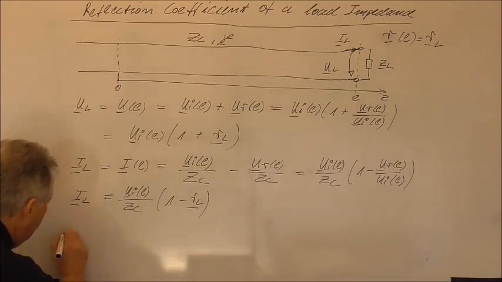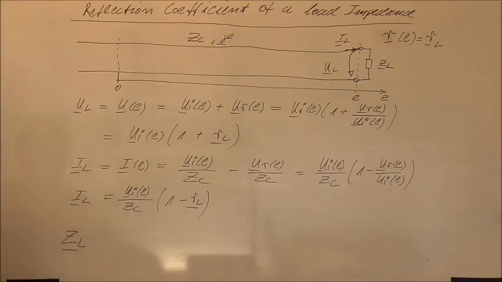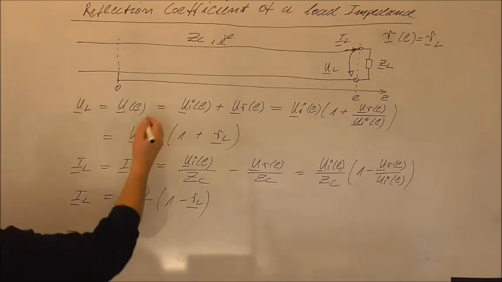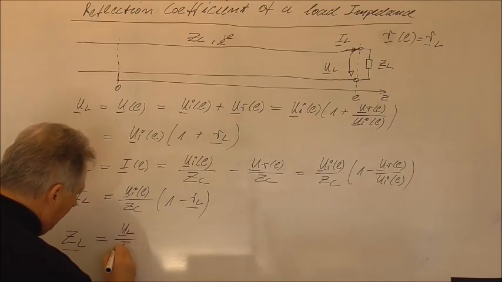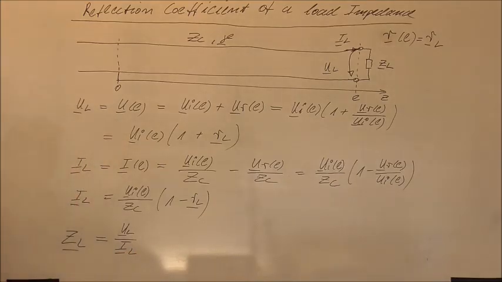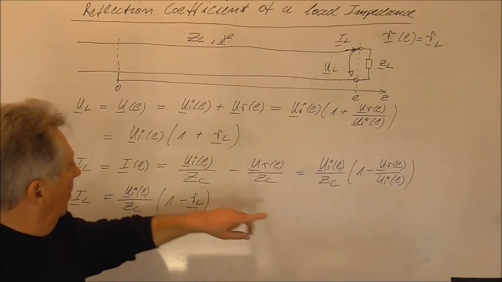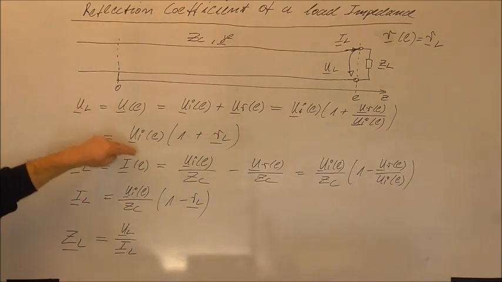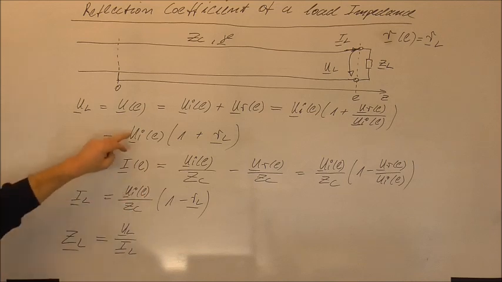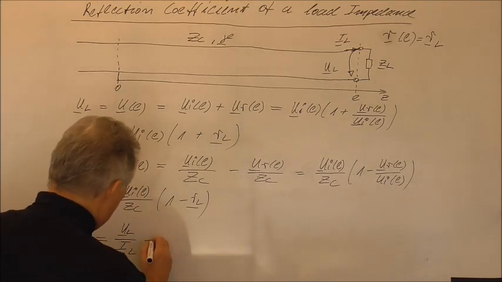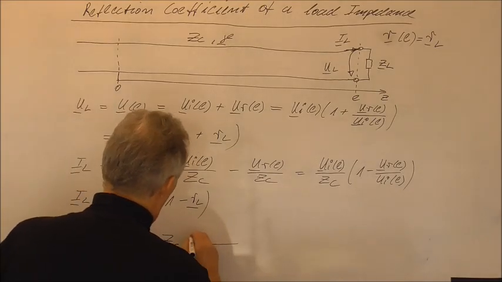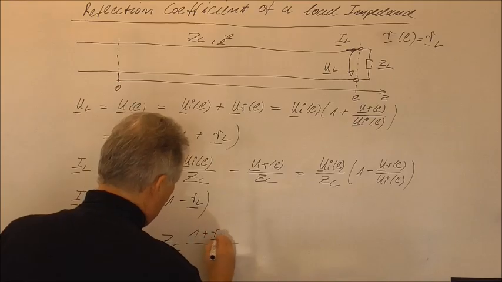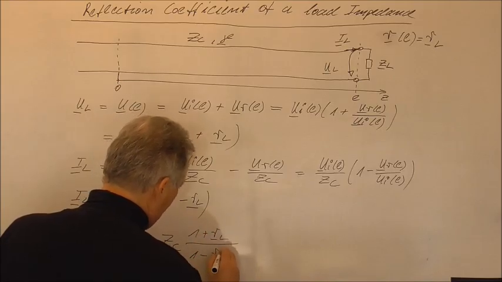And of course we know that ZL, the load impedance, is nothing else but the ratio of the voltage U of L divided by I of L. And what you see here is, if I divide this equation by this equation, of course UE of L will cancel out, and we will have that this is Zc times 1 plus R of L, and here we have 1 minus R of L.